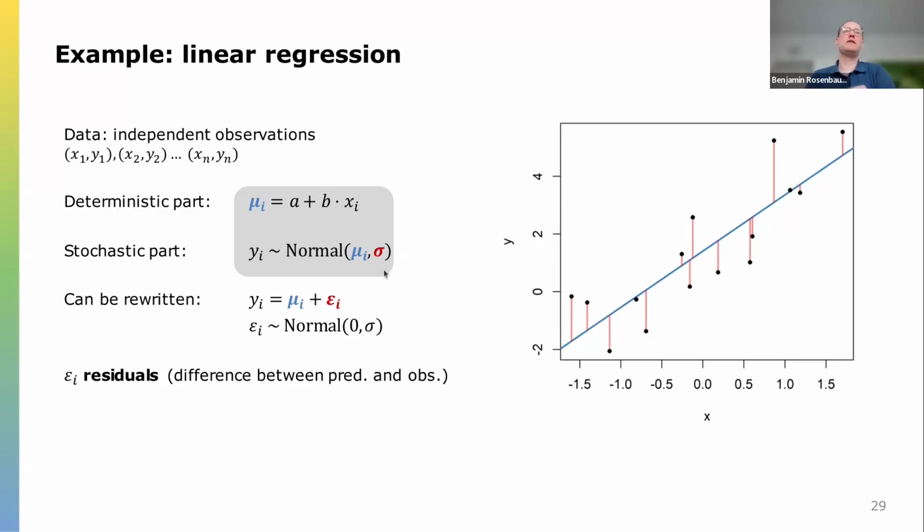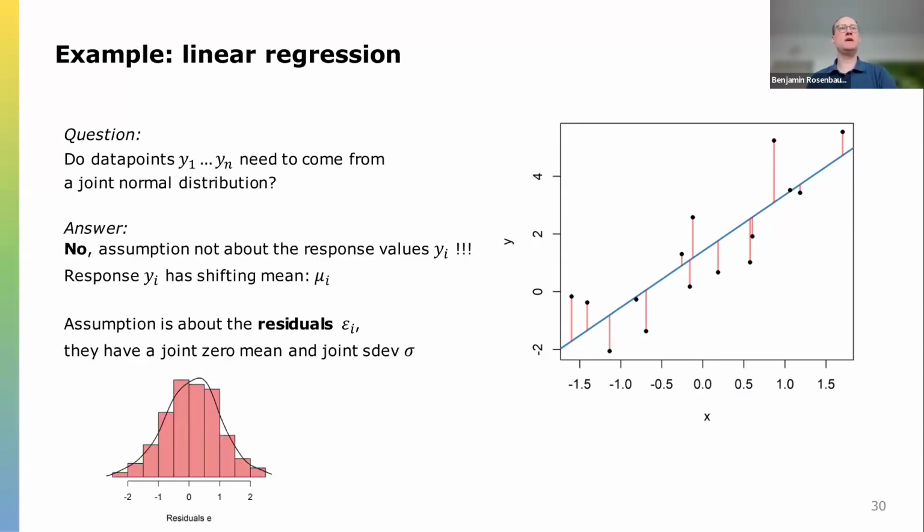This equation says that each response or each observation yi, so i is from 1 to n, is normally distributed with a mean mu i, which is given by the prediction, and some sigma. This is not the same as all the response variables being normally distributed with a joint mean and some standard deviation.